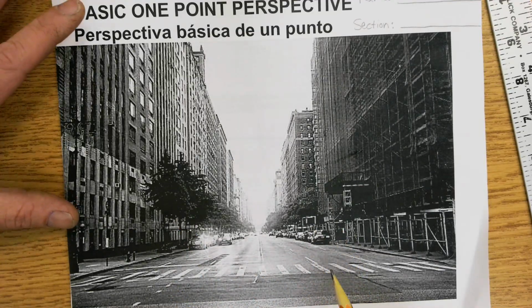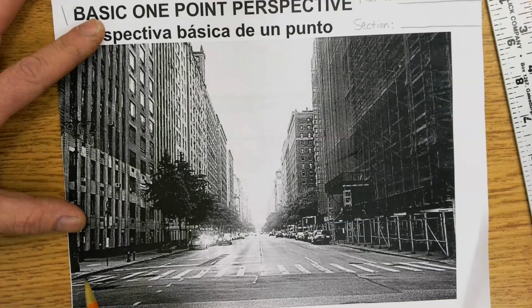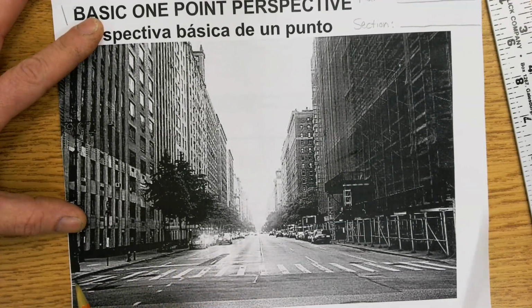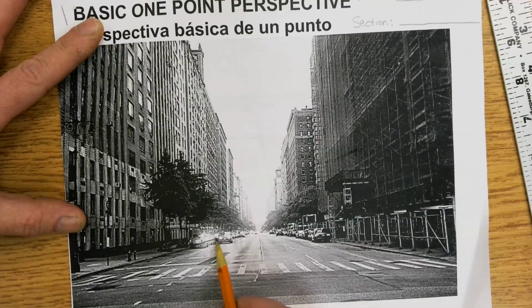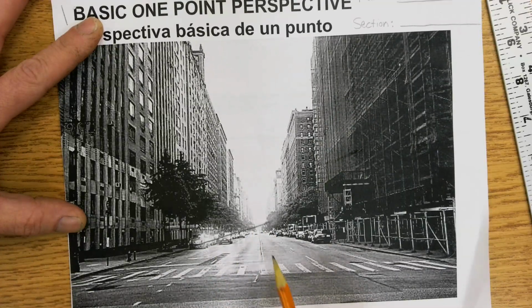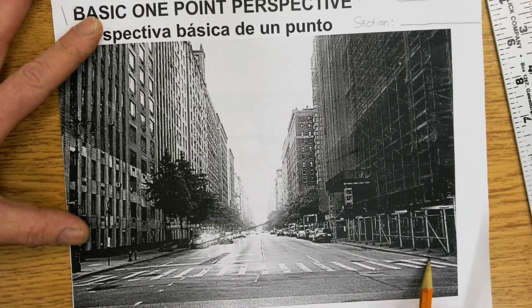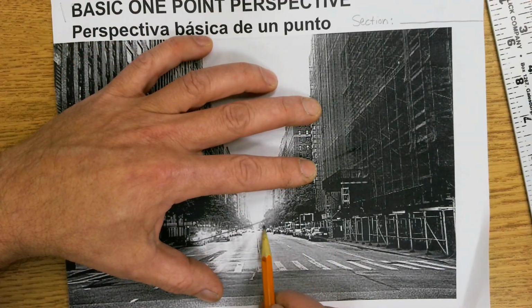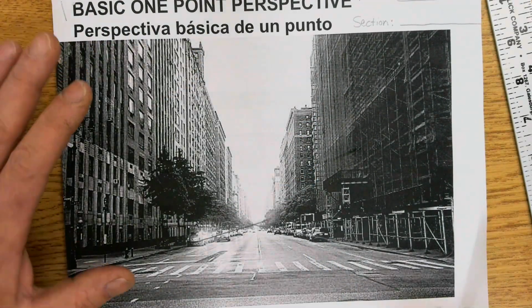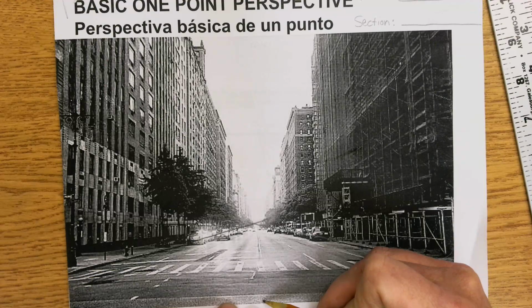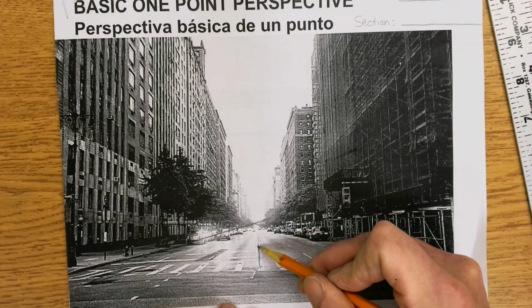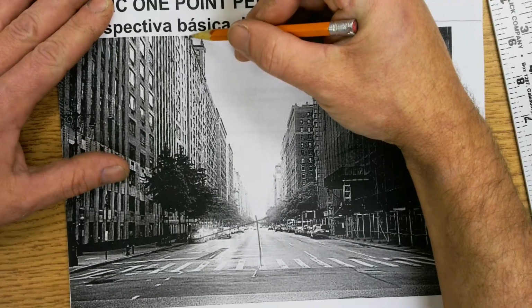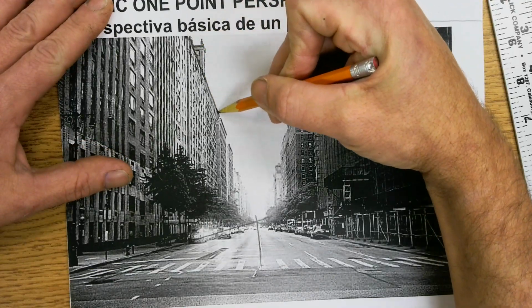And if you look carefully, as I do this, I'm just going to trace the line of the curb right here, the edge of the road. Okay, it goes all the way out here. Now I'm going to trace this one. Then I'm going to trace the middle line of the road. And I'm going to trace the top of the buildings, or at least a lot of them.